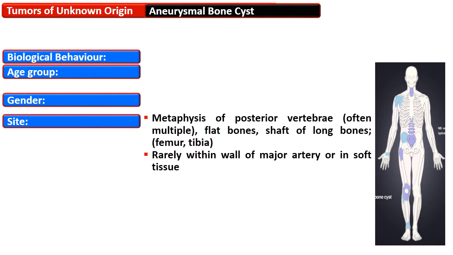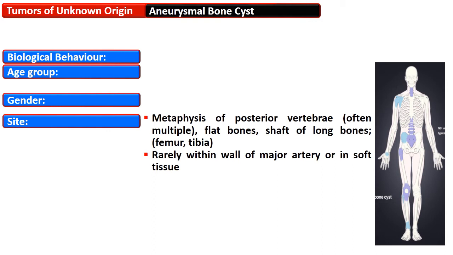The site of this aneurysmal bone cyst is the metaphysis of the posterior vertebrae, flat bones, and shaft of long bones, and rarely cases are reported in the wall of a major artery or within the soft tissue. In this picture the dark blue areas show the typical sites.